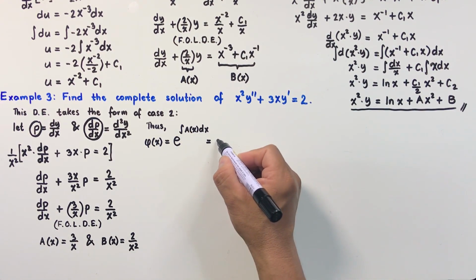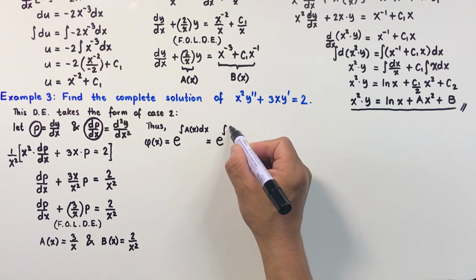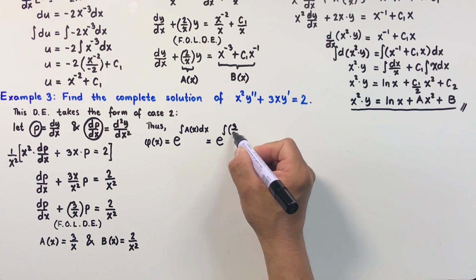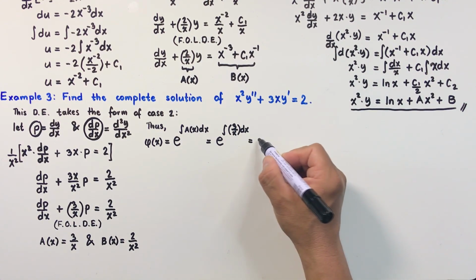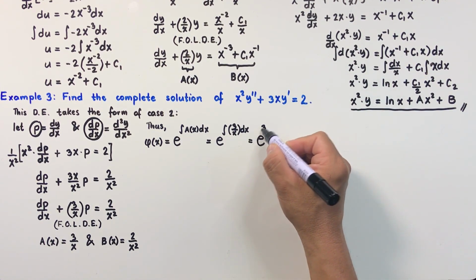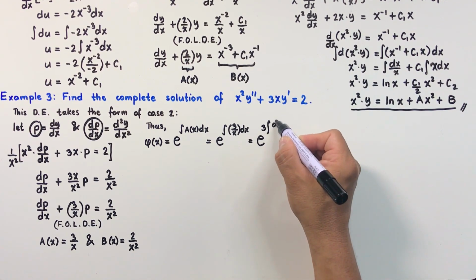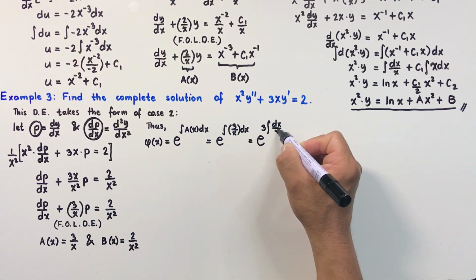We know our a of x is 3 over x, so this is e raised to the exponent of 3 when you factor out 3 outside the integral symbol.